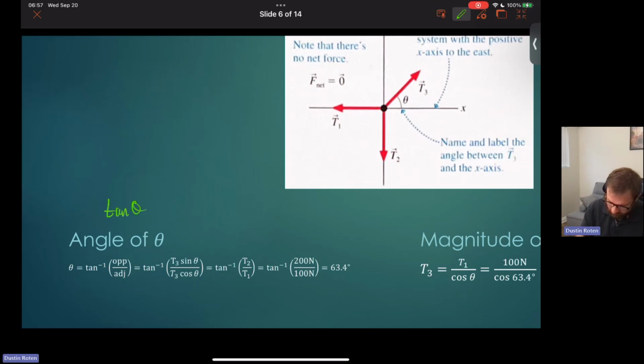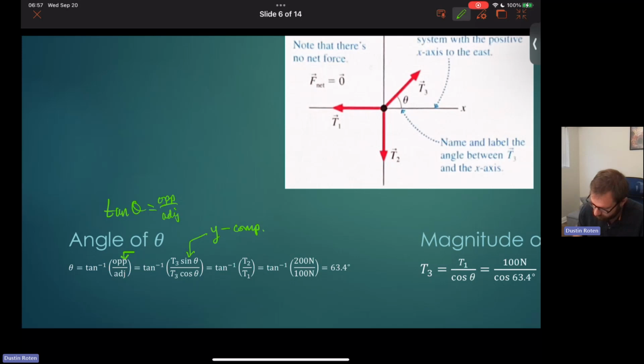We know that tan of theta equals opposite over adjacent. If we take inverse tangent on both sides, we can solve for theta. Now our opposite, we don't have a number for that magnitude, but we do know that it's just the y component of your tension, the tension you're supplying.